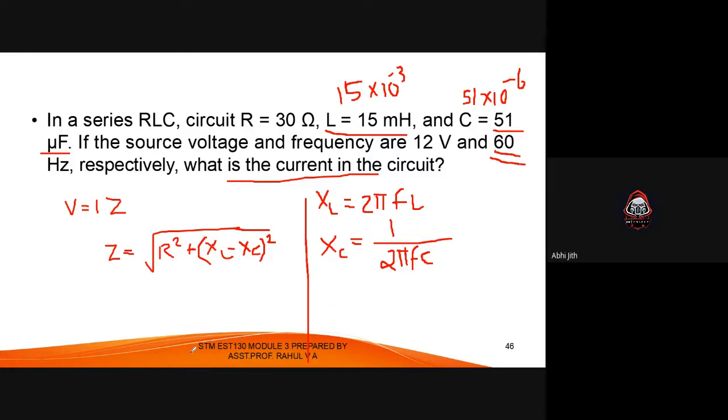Sir, 2 present ആണ്. വേഗം വേഗം പ്രോബ്ലം ചെയ്ത് ആൻസർ ചെയ്യാം.